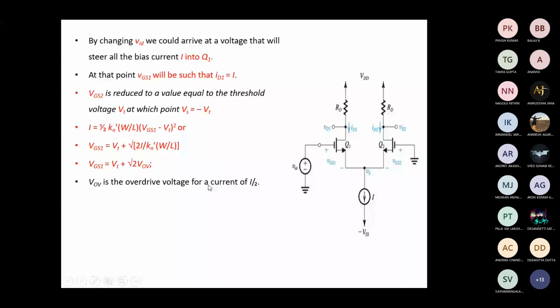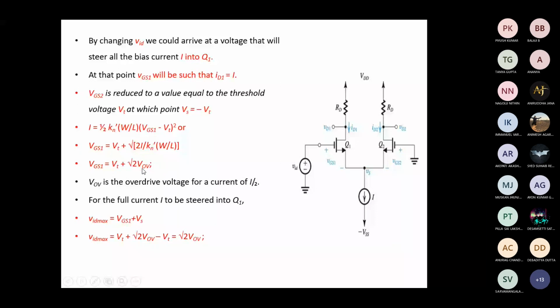For the full current I to be steered into Q1, we have VID max and VID min. So we are going to calculate the maximum and minimum limits for the input voltage. As we did for common mode, here also we calculate VID max and VID min. VID max is given by VGS1 plus VS. Substituting for VGS1, which is VT plus root 2 times VOV, and VS, which is minus VT, the plus VT and minus VT cancel.